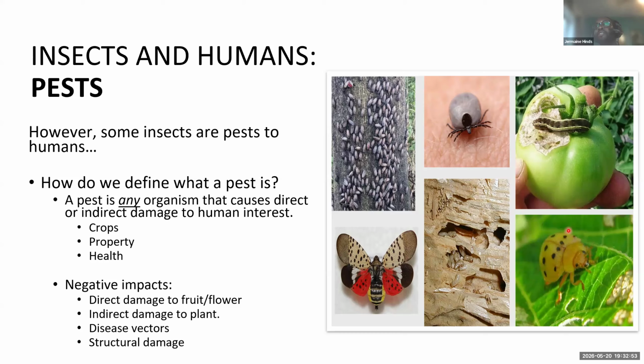This appears to be a lady beetle. It's a type of lady beetle, but instead of being a predator, it's actually a pest. This is the Mexican bean beetle. Again, it's important to learn how to identify insects to know whether you have a pest or a beneficial. You can argue this looks very similar to the Asian lady beetle.